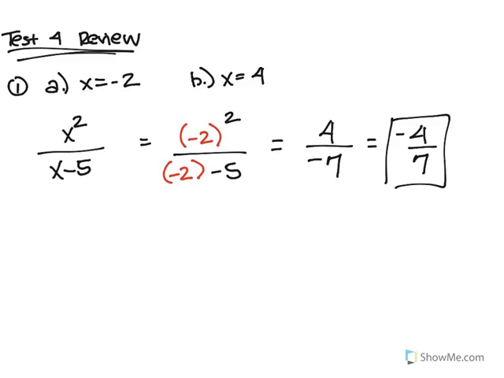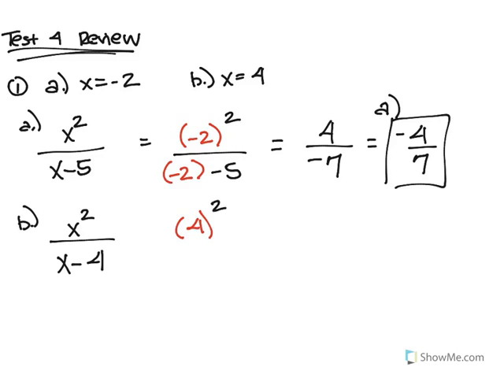If you allow your x to be 4 into this exact same expression, I have 4 squared over 4 minus 5.